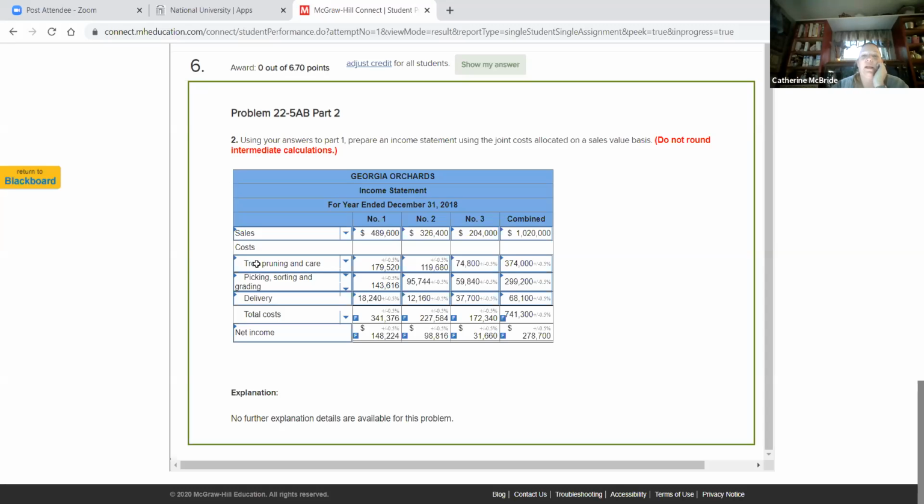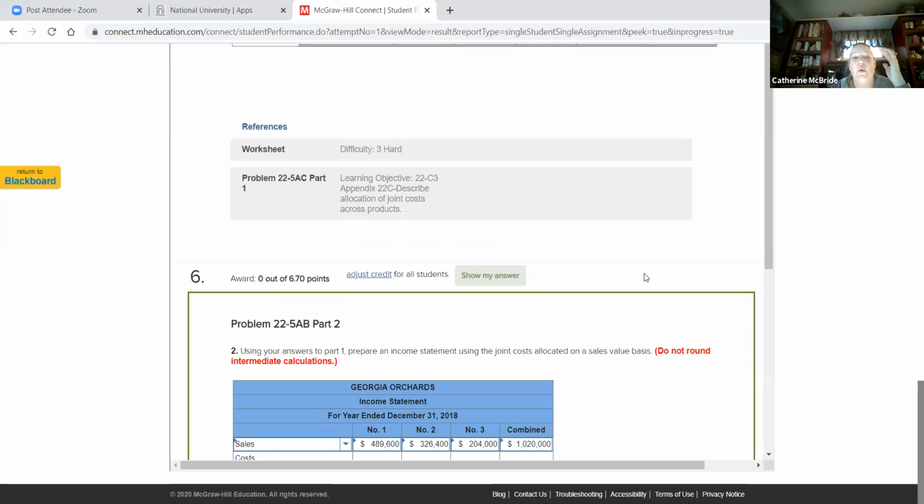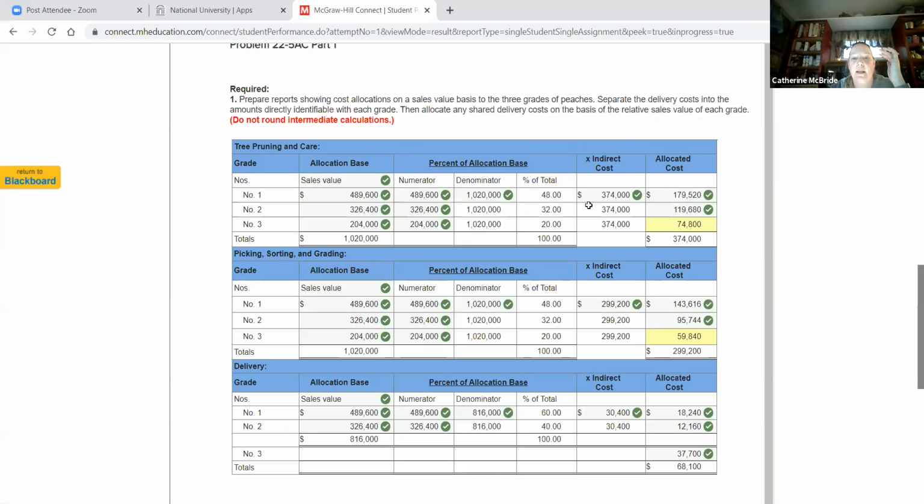I misunderstood what they were asking for on the value basis. So the pruning, the picking, and the delivery, we just go up here, like the pruning for number 1 is 179, and then 119 and 74 will go up here for pruning. I'm just doing partial numbers so that I can remember them.